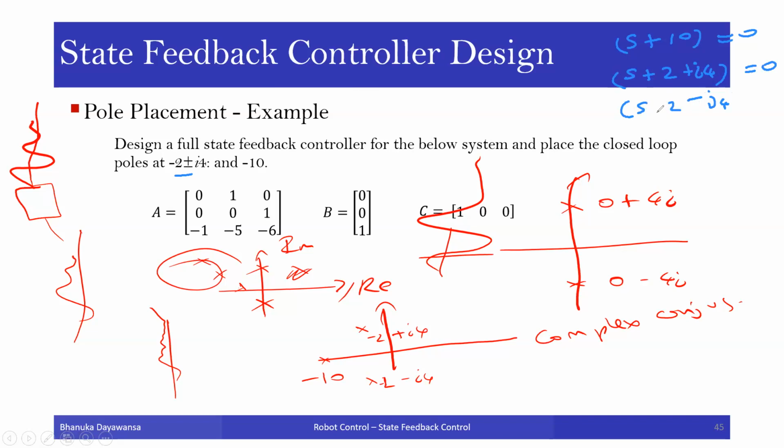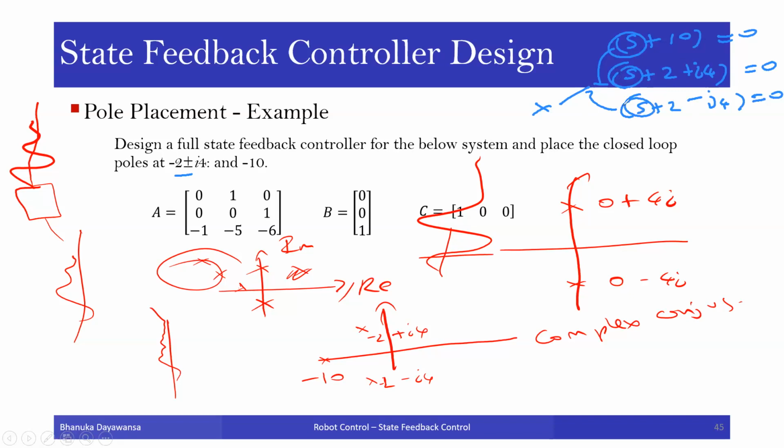This is the one that is changing. Minus J4 is equal to 0. So you got these 3 equations. You multiply all these together, and you will once again get a third order system equation, right? S plus 10 into S plus 2 plus J4 into S plus 2 minus J4. You multiply all these 3, and you'll get a third order system equation.